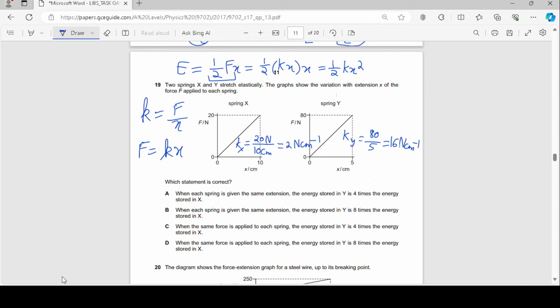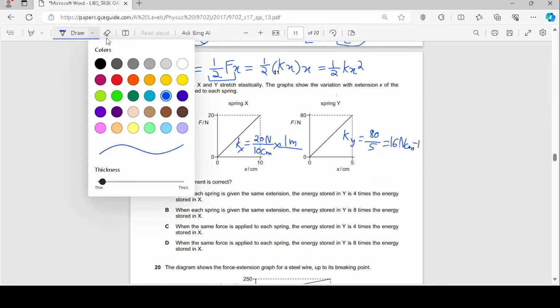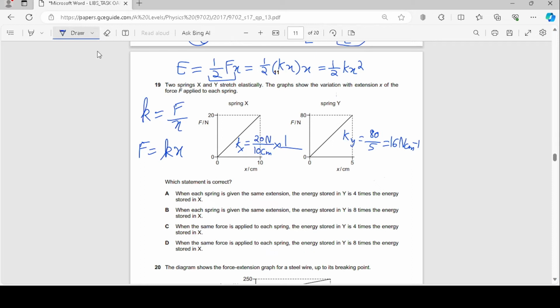Should I change this to meters? I don't think we really need to for this problem, but I feel like it's just good practice. So I am going to convert this to meters. There are 100 centimeters in 1 meter, so that's just going to get multiplied by 100.